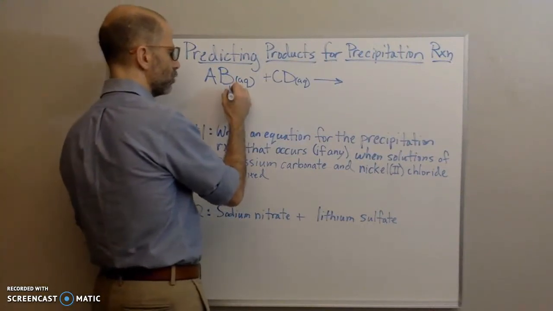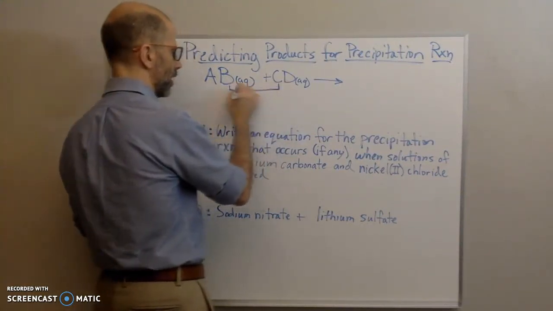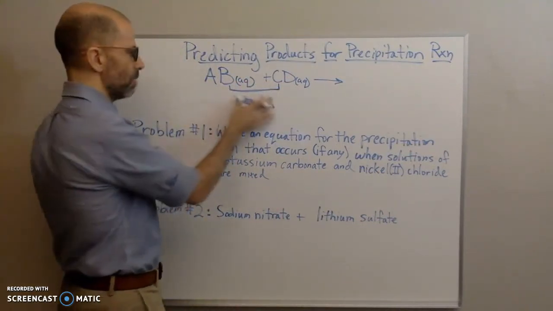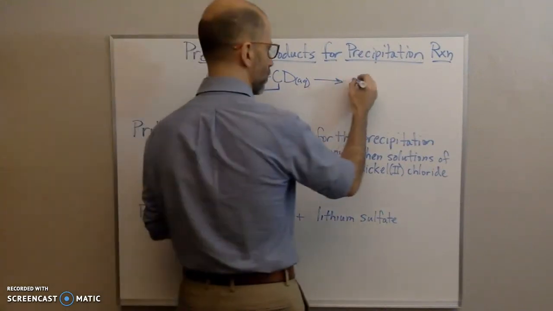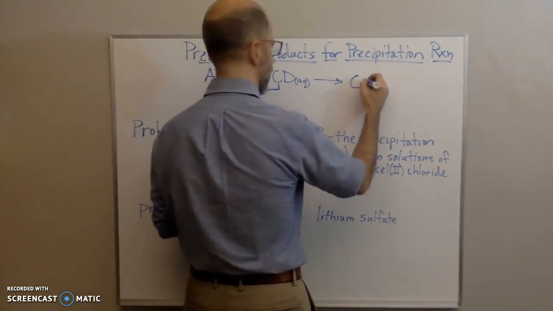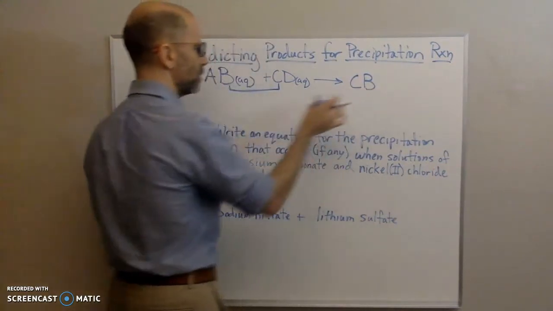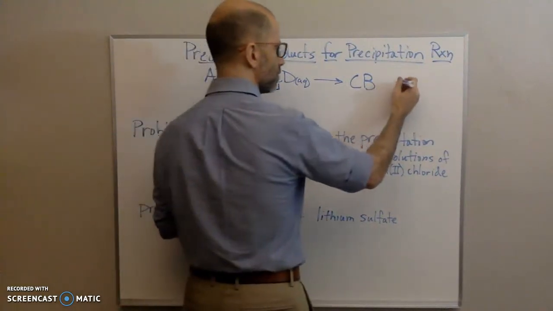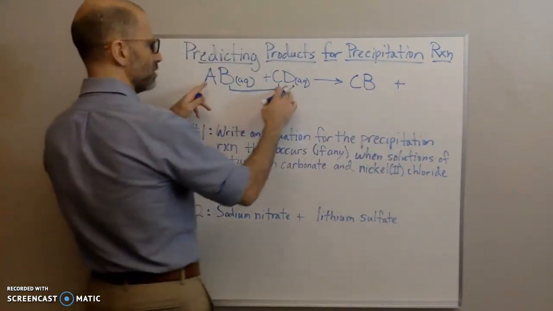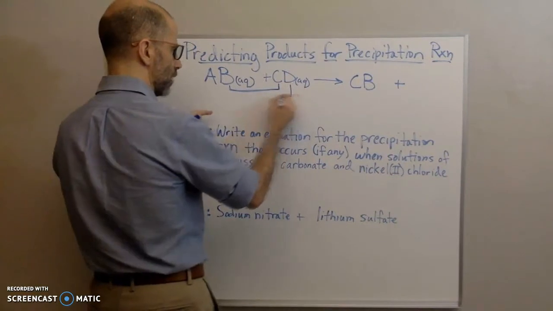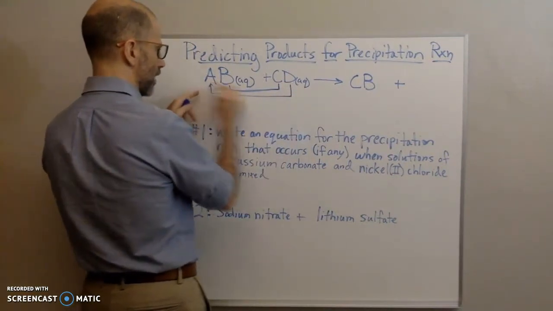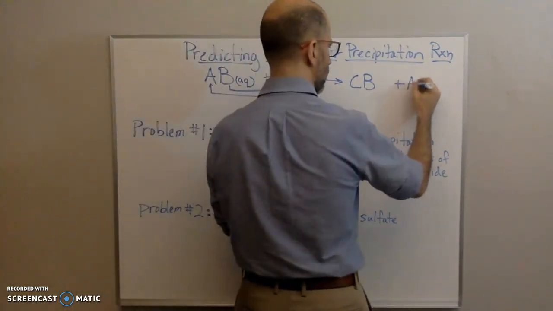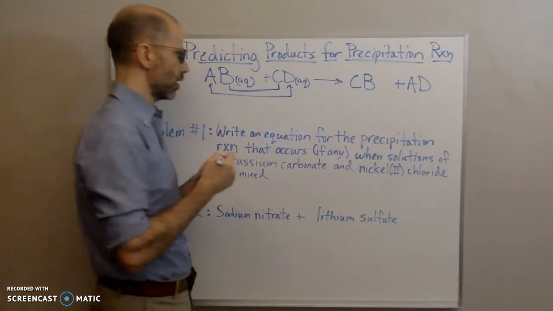So you would take the two inner ions, C and B, and put those together as a product. The positive ion is written first, so CB, these two ions being brought together, would be a possible product. And then that only leaves A and D, so you bring the outside ions together and you get AD as a possible product.